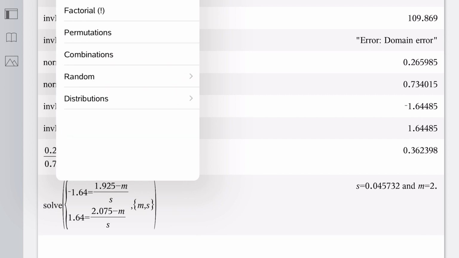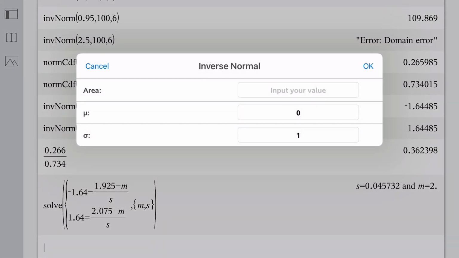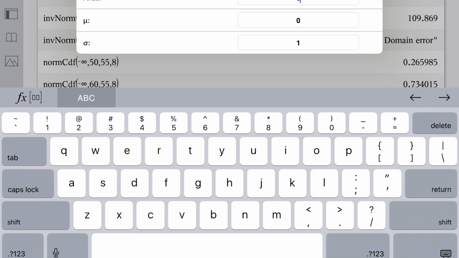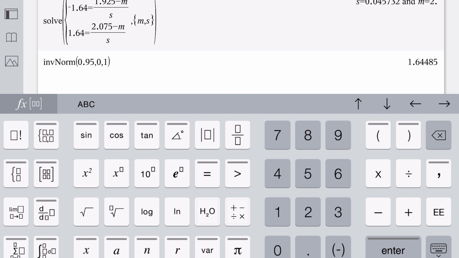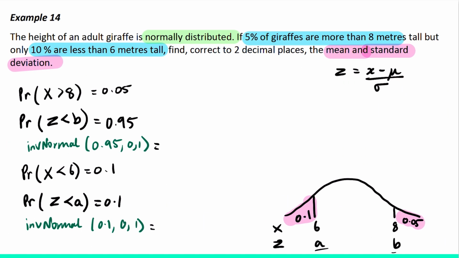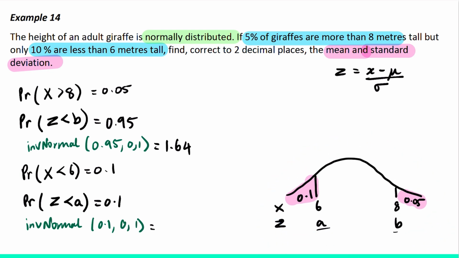We'll go to probability, distributions, inverse normal. So my area is 0.95, standard deviation of 0 and 1, that's 1.644. It's a familiar number to before. I think it was 644, but we'll just do it to 2 decimal places. So what this is telling me is that when x is 8, the corresponding value is 1.64.